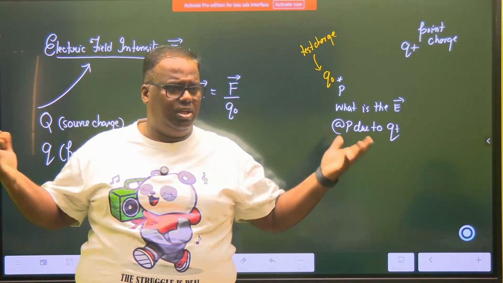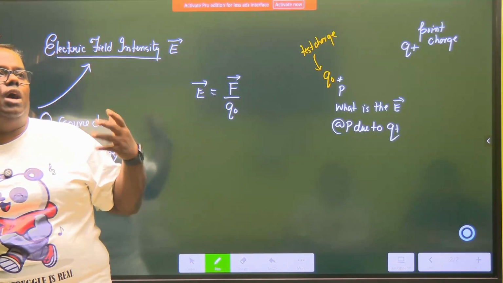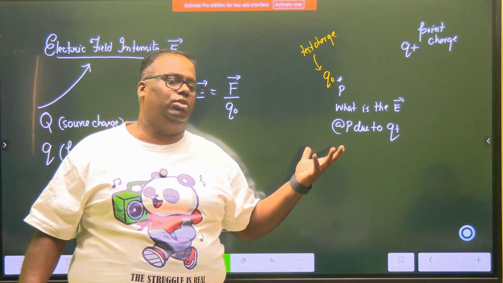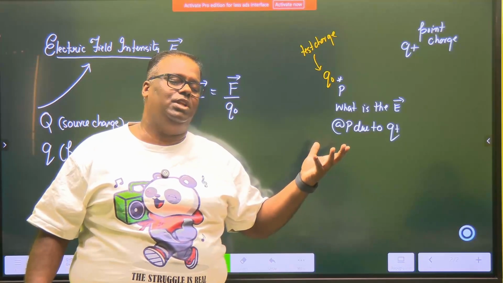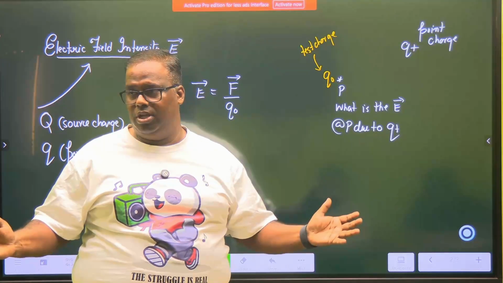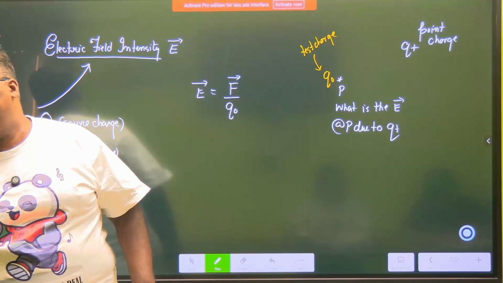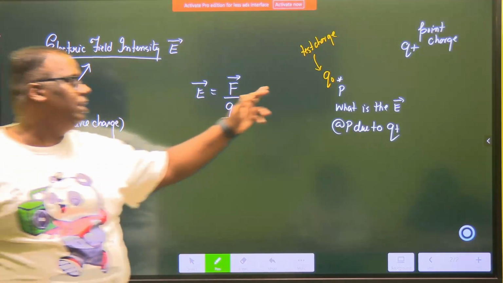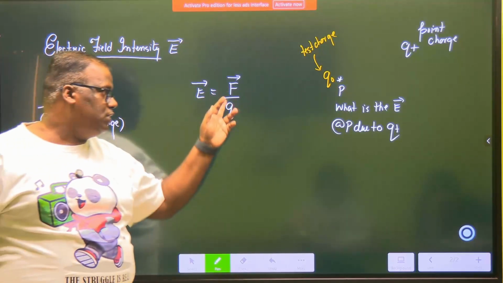Say, for example, in grade 9, the gravitational field strength: there is a body of mass m, let's say a celestial body. You bring another body to it. What is the gravitational force it is feeling per unit mass? So here we say the electric field intensity at a point P is given by the force experienced by this charge.